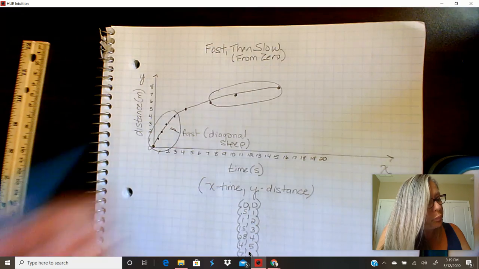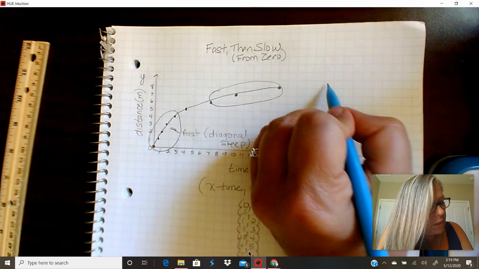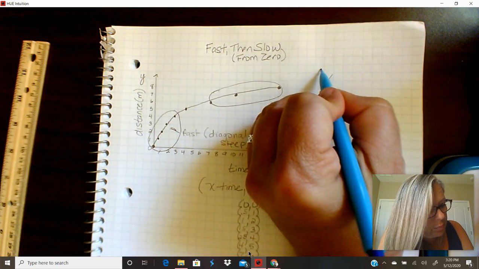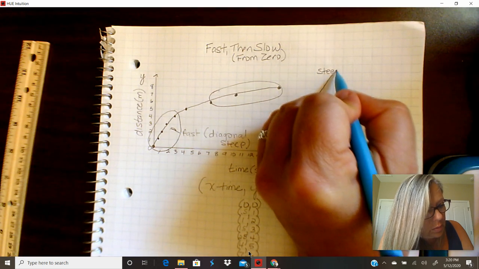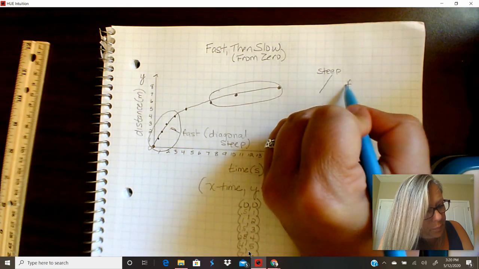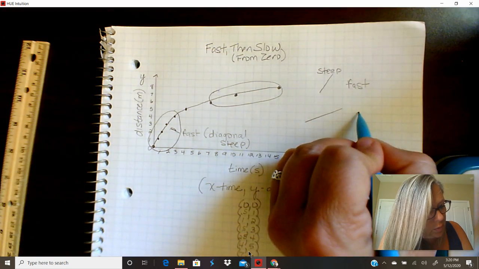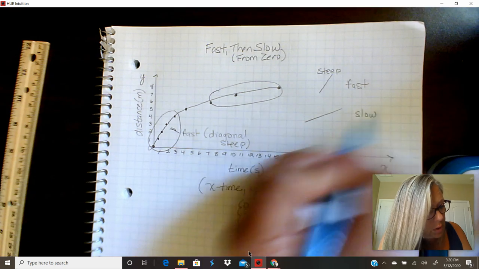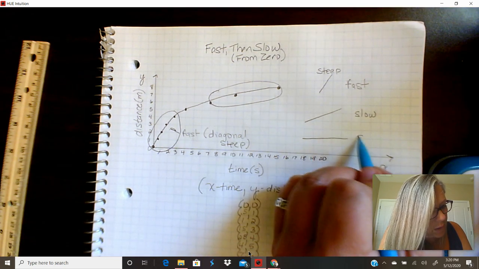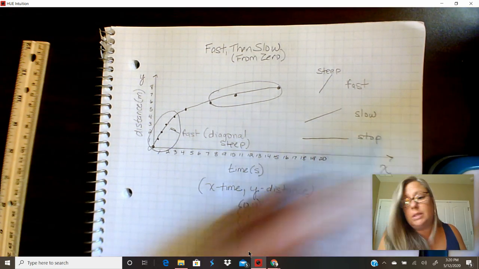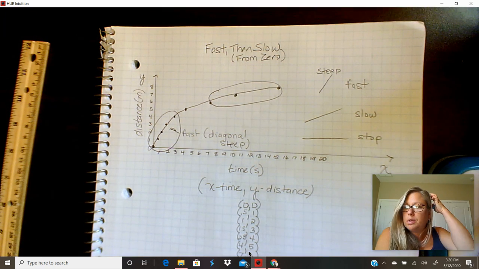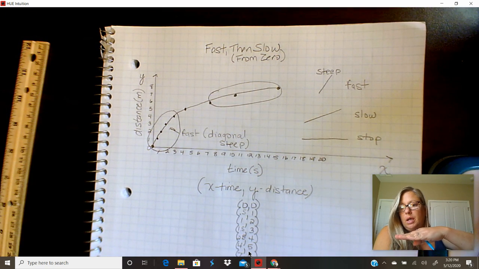And I know that a steep diagonal is fast. A flat diagonal or a flatter diagonal is slow. And I know that a horizontal means stop. So that stopping horizontal is always going to help you remember that if you have just a little bit of a slope, it's a slow speed, but a very steep slope is a fast speed.